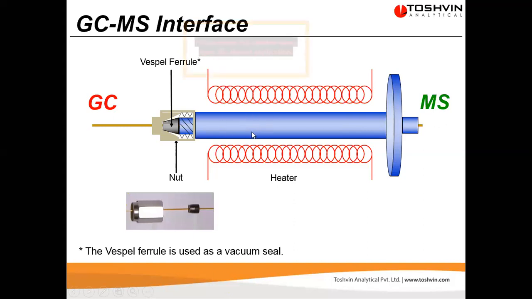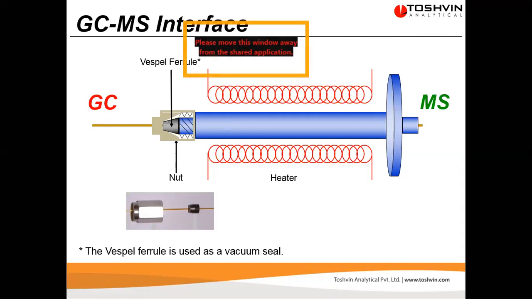It depends person to person how well they fix the column to the MS. If it leaks, there are chances of vacuum leakage, which is not good for MS analysis.